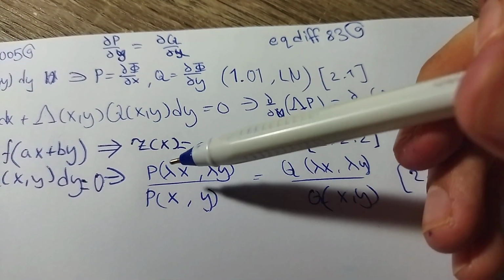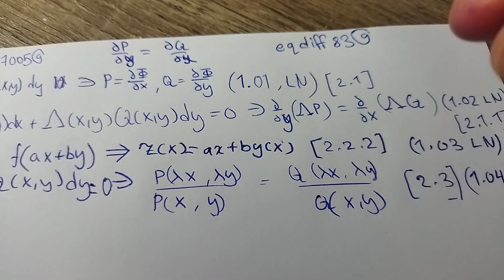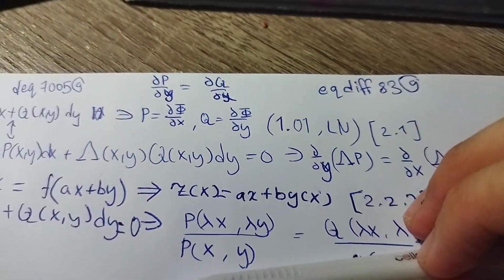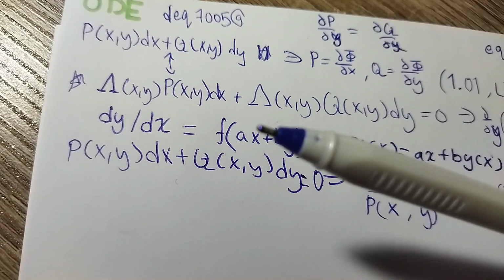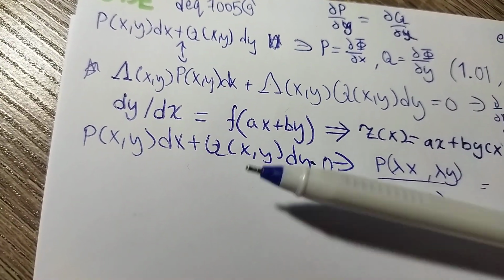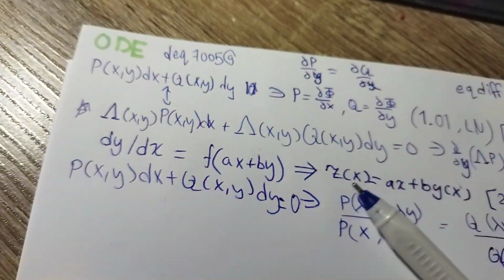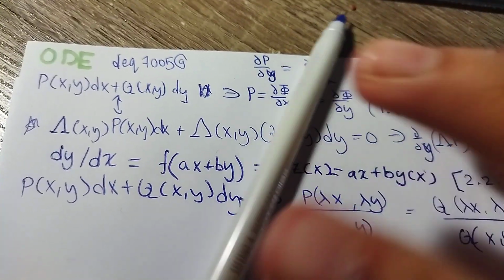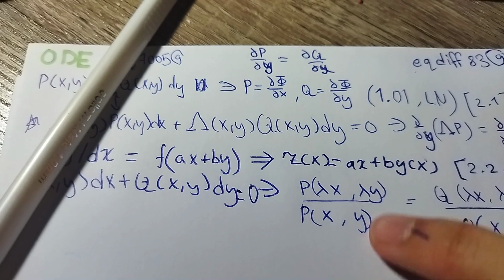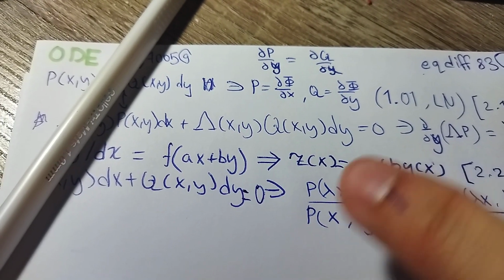So basically this equation, which is P of xy plus Q of xy, does not change under the rescaling that you have if you set x and y rescaled to lambda x and lambda y, which are just non-zero constants.